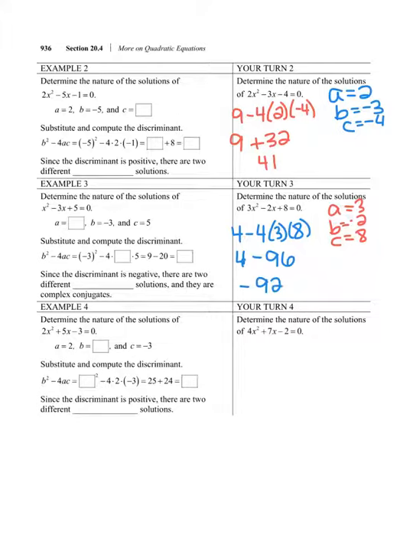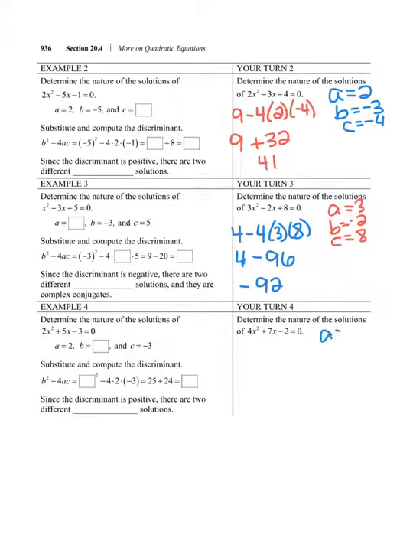So since we're going to have a negative under the radical, we're going to have two complex solutions, or two non-real solutions.